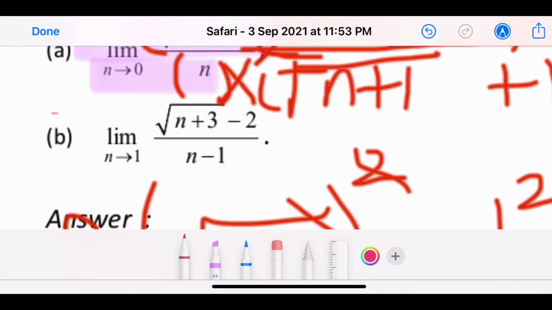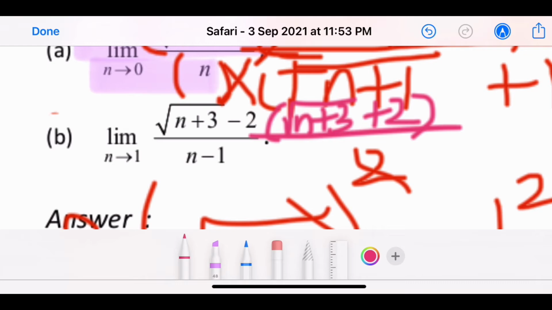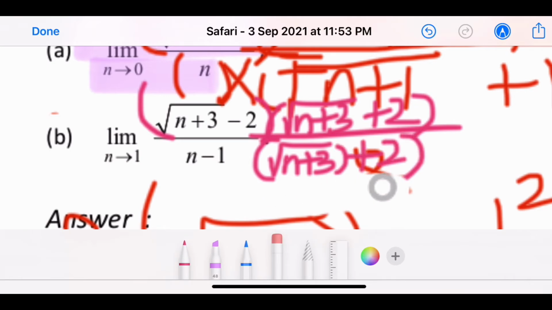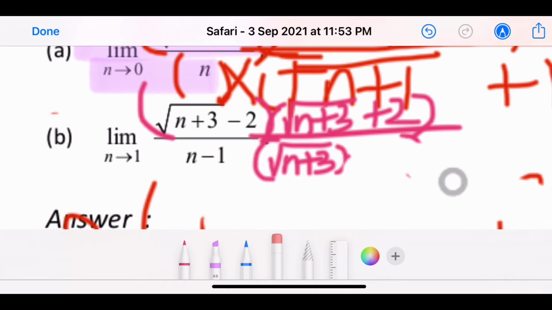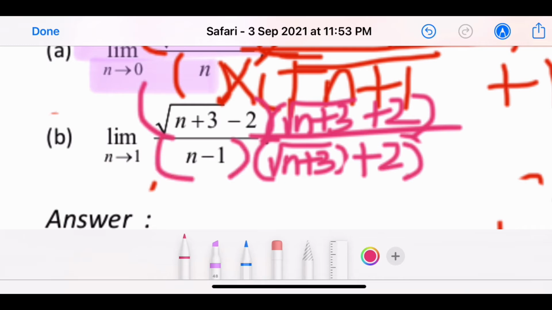So for this one, we will multiply with the cube root of n plus 3 plus 2, up and down, to rationalize the denominator. So we will rationalize the denominator, so we will write plus 2. Okay, multiply. So let's simplify it.